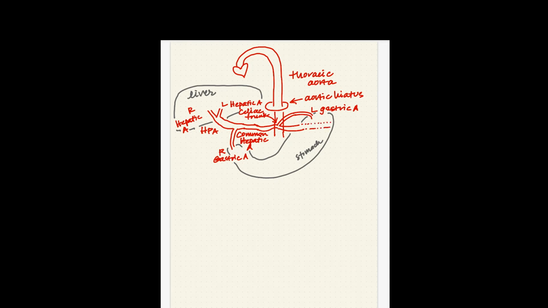Now our final branch off celiac trunk is going to travel all the way to the left side of the abdominal cavity, and it's going to supply the spleen with blood. And this is called the splenic artery. But along the way, it's also going to supply the pancreas and the stomach with blood as well.